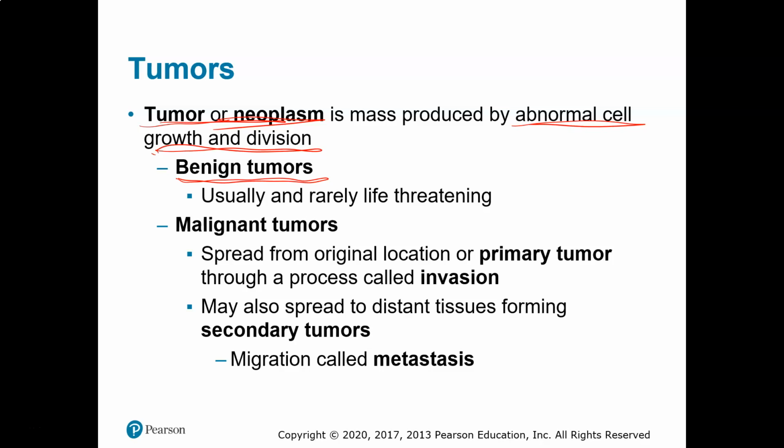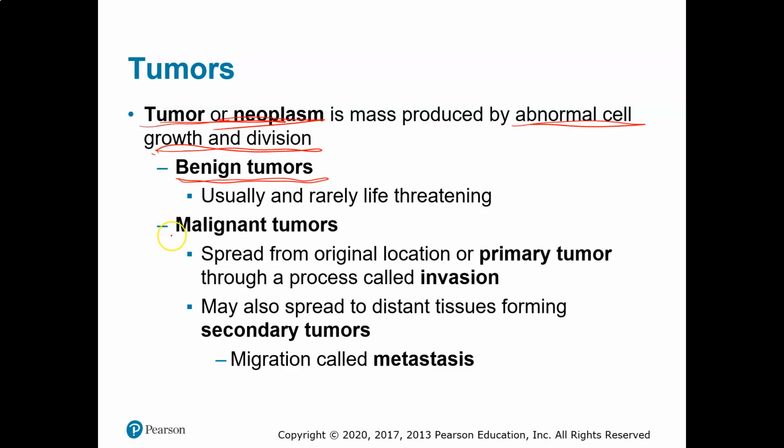Now, it can be life-threatening if it's in the brain, for example, and it's taking up space and causing pressure against a very important area of the brain. Some benign tumors can be life-threatening, but most are not.